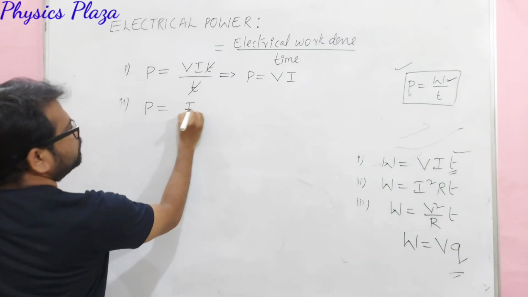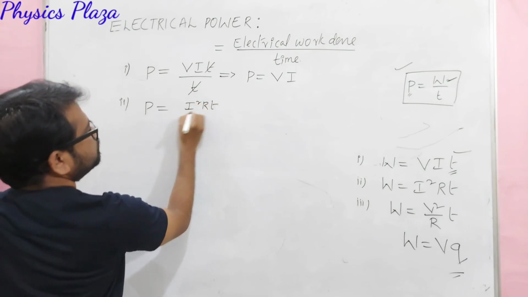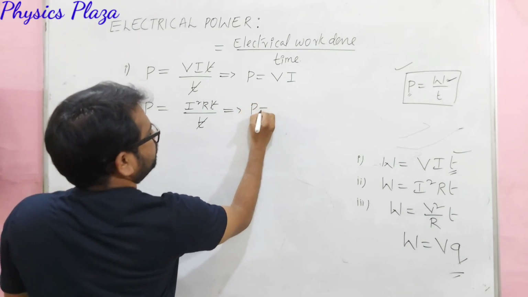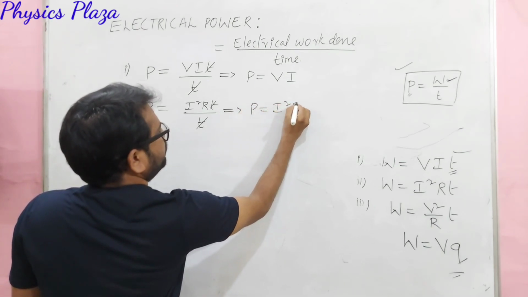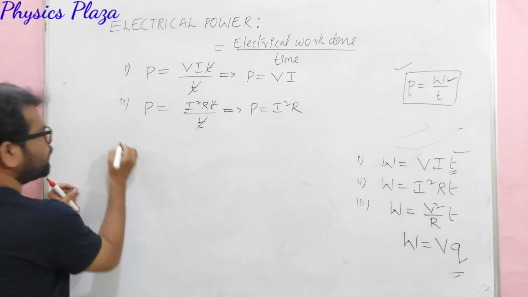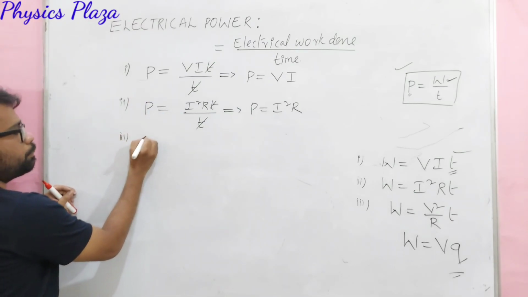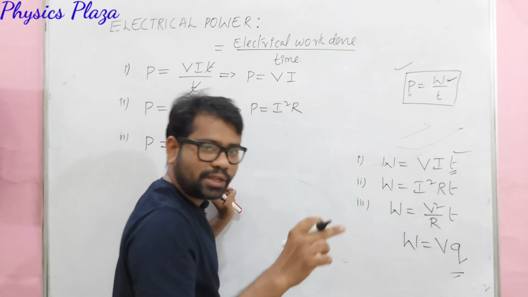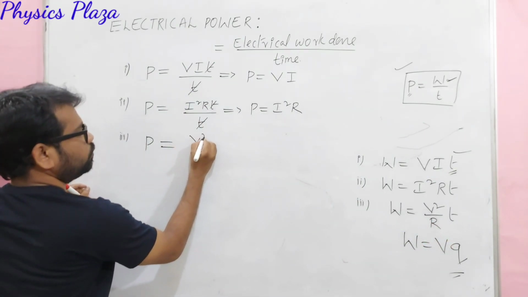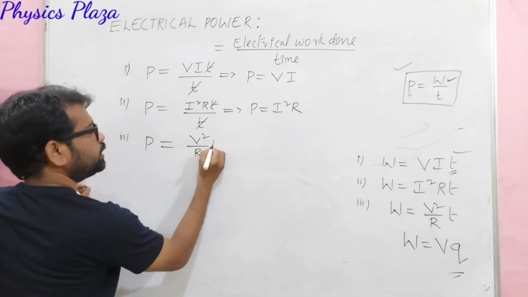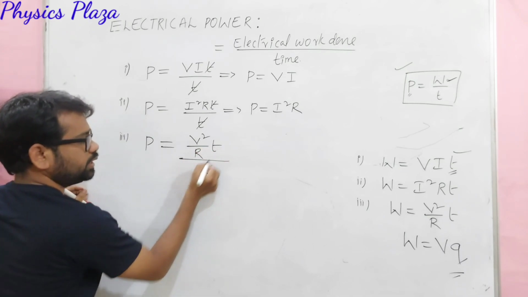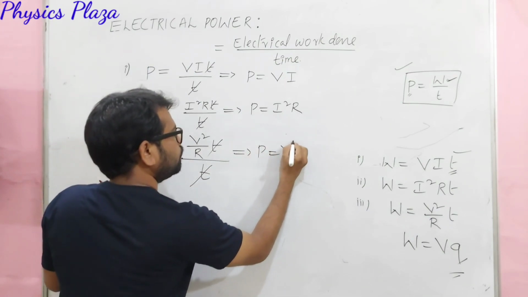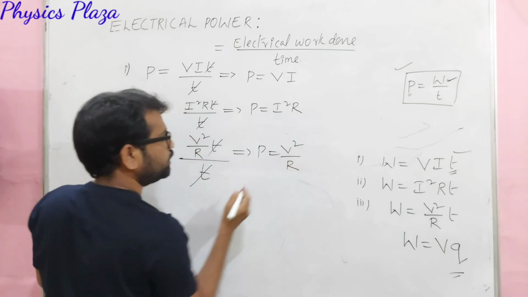So it will be I square RT by T, T gets cancelled, and power is equal to I square R. The third expression: P is equal to V square by R into T by T, so T gets cancelled and we get P is equal to V square by R.